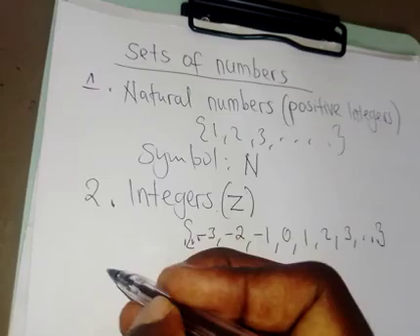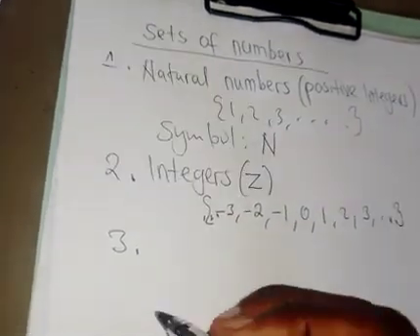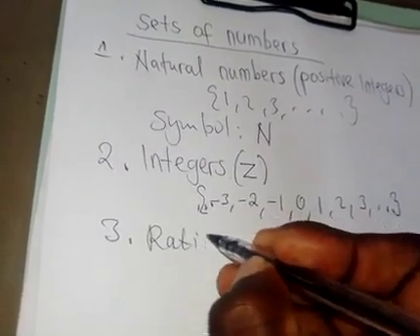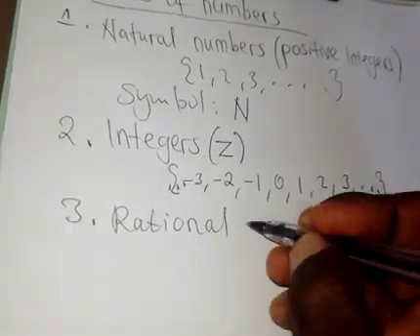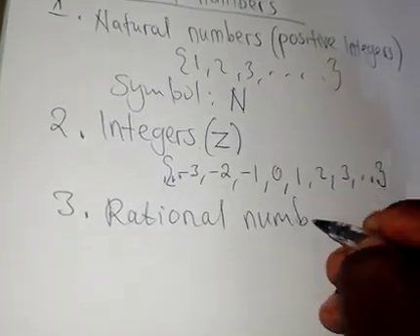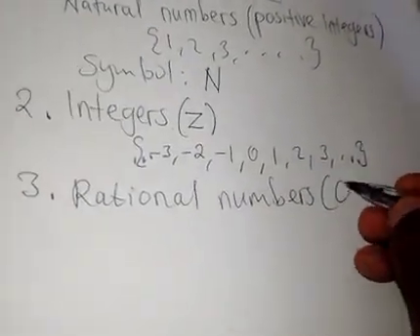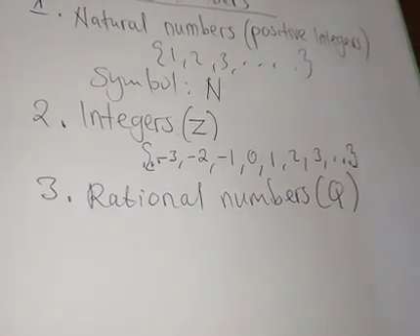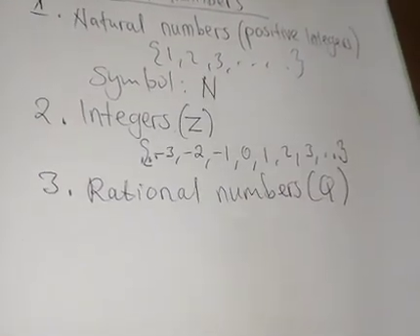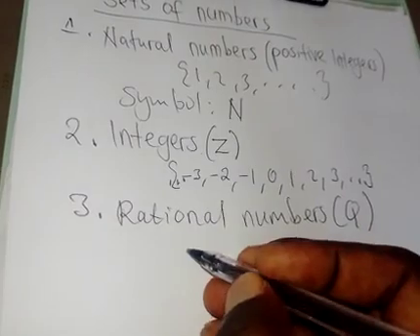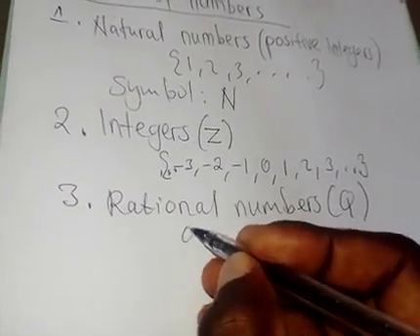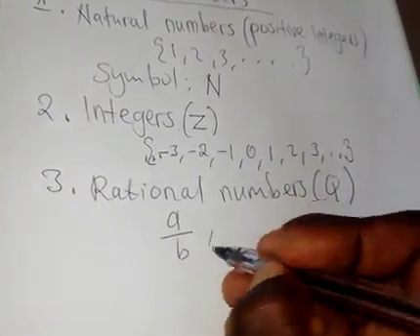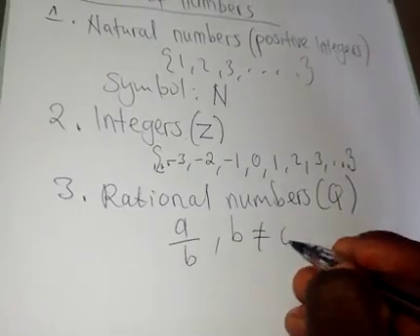Okay, from there we can talk about another set of numbers, the rational numbers. Rational numbers are represented by the capital letter Q. Rational numbers by definition are numbers that can be expressed in the form A over B, where A and B are integers and B shouldn't be equal to 0.